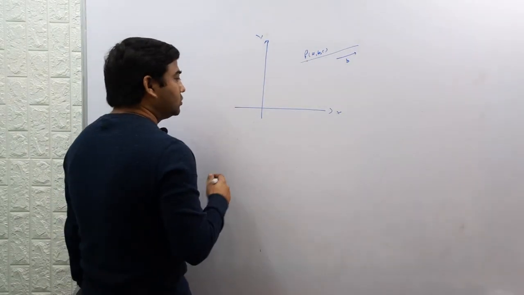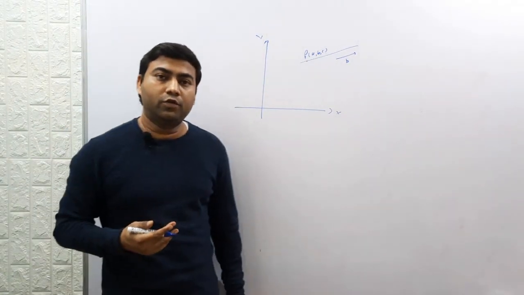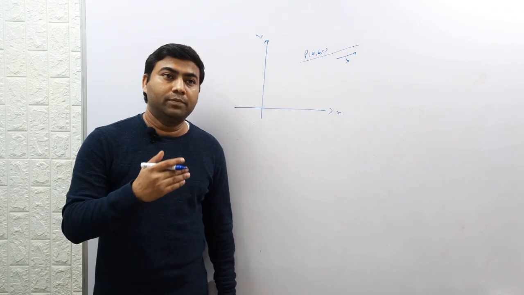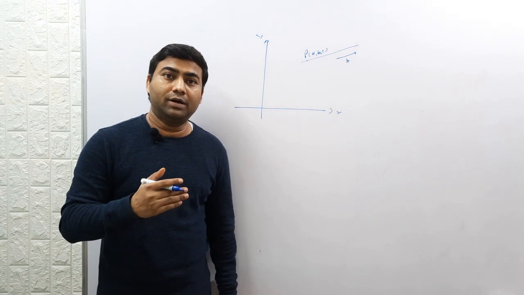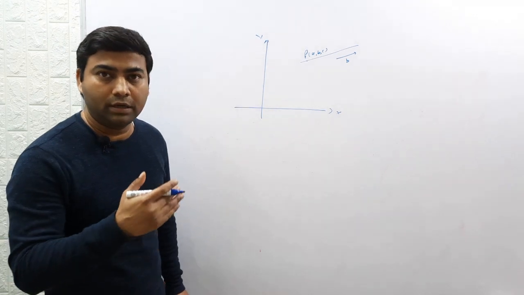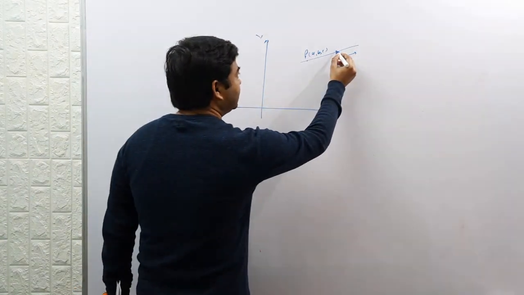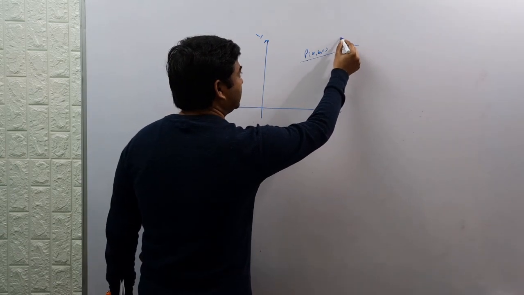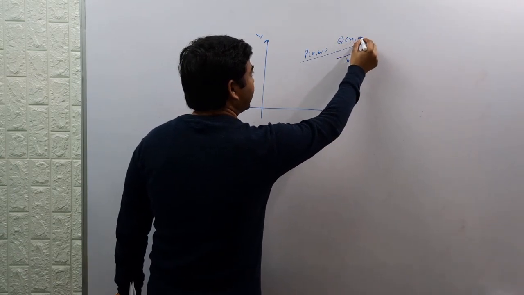So the equation of a line in vector form means we will find the position vector of a general point on the line. Let this be the general point Q. Its coordinates are x, y, z.